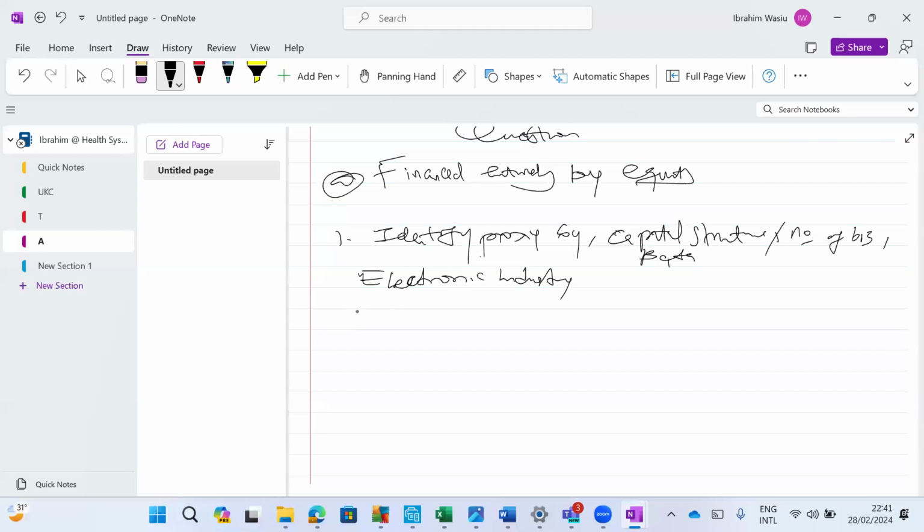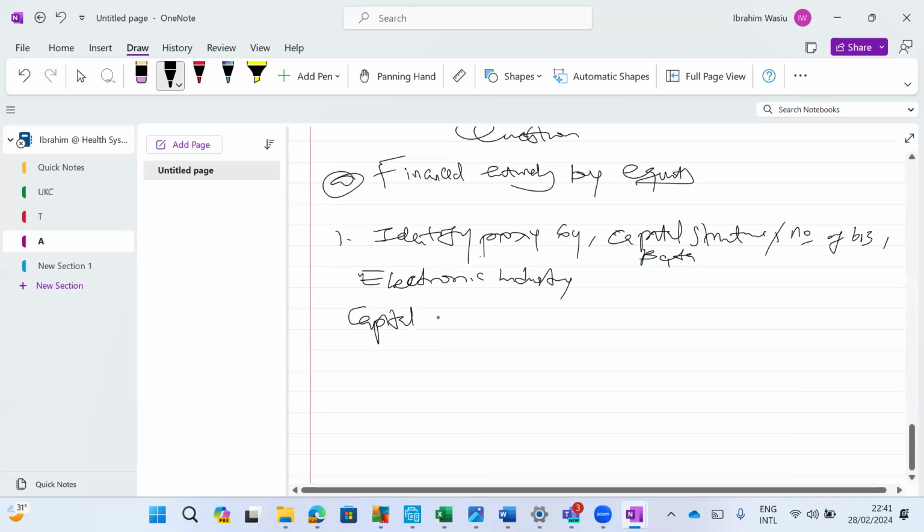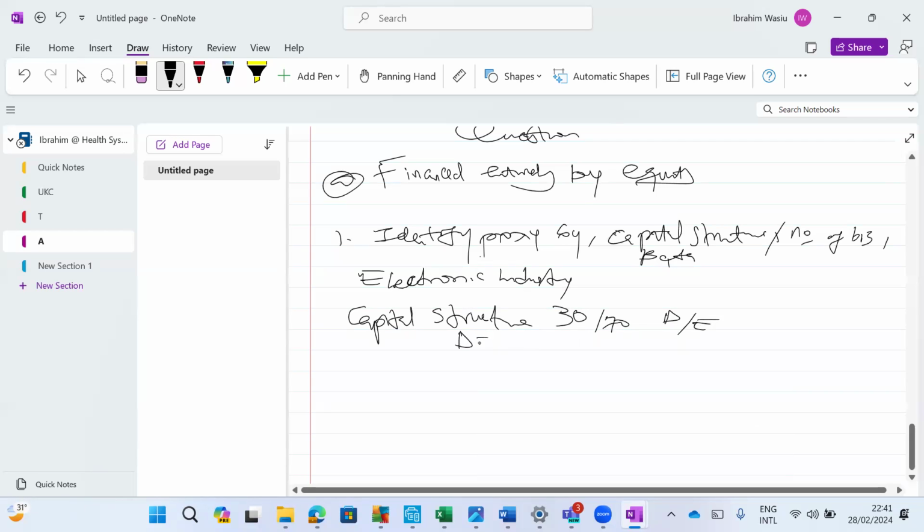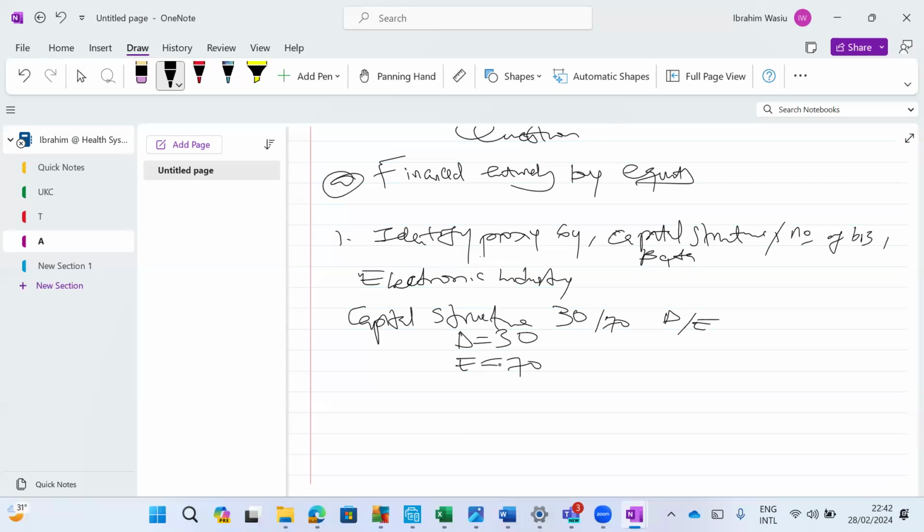Capital structure, is it 30/70 or something? Yeah, it's 30/70, sir. Debt is 30, right? Yes, sir. Equity is 70. That's the capital structure. Number of businesses, only one business.